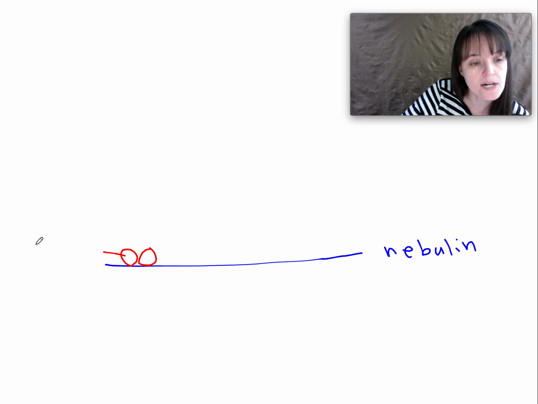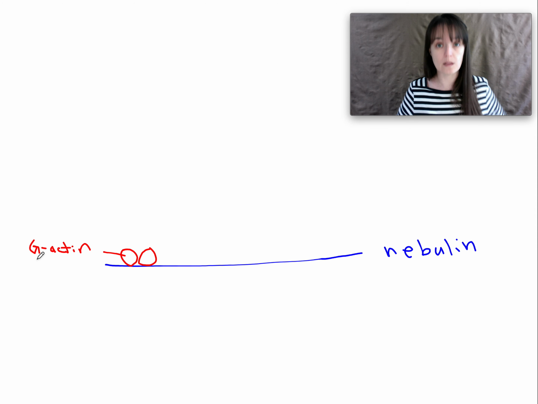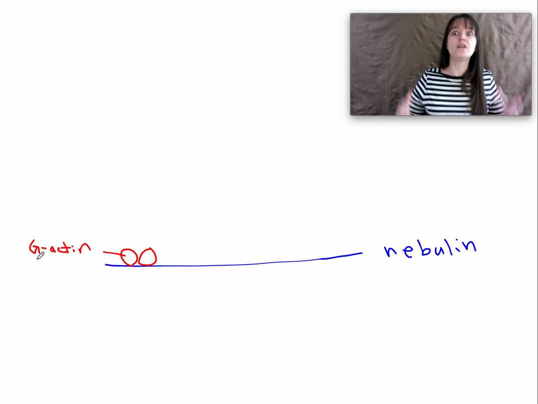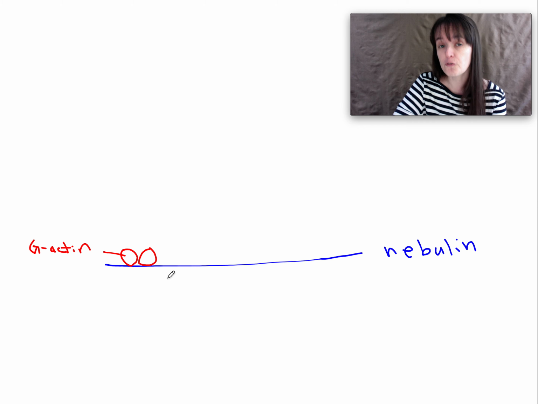And these spheres of actin are called G-actin. The G is for globular, which means like glob, or more specifically globe, like the planet, like a sphere. So the G-actin means that these are spherical molecules of actin. So they're little balls of actin.